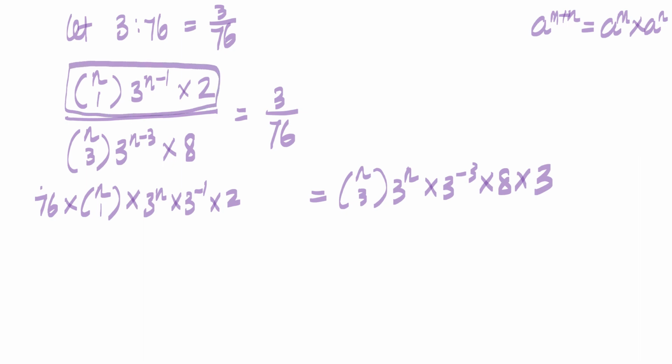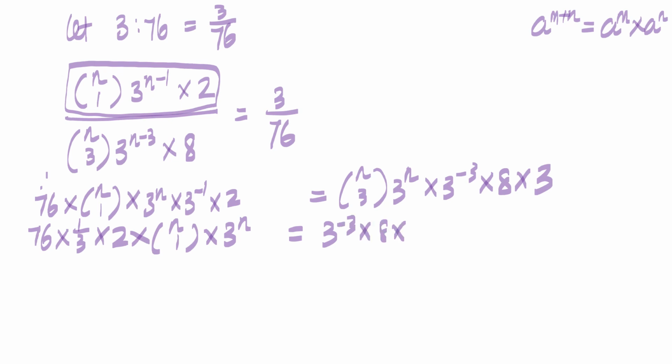So what we're going to do is put all the numbers together. 76 times 3 to the power of negative 1 is 76 over 3. Then we have 3 to the power of negative 3 times 8 times 3, and you can just use your calculator to work this out to be 152 over 3.